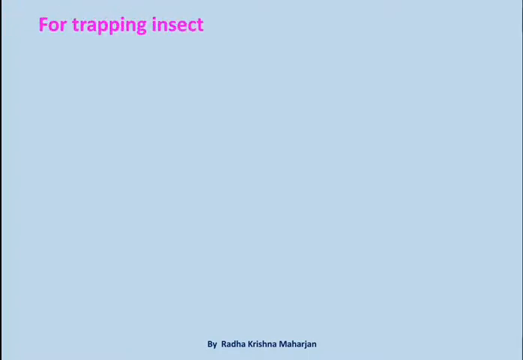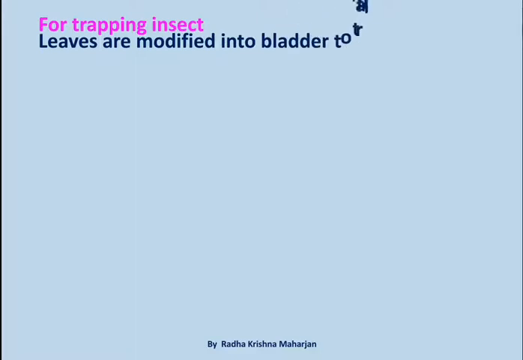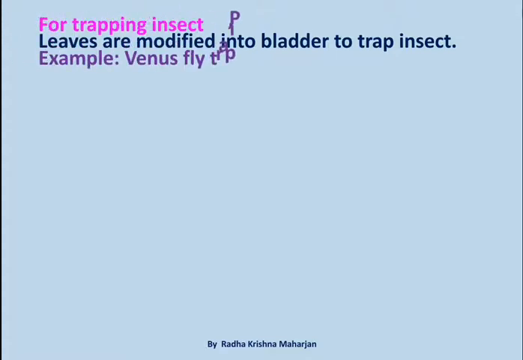For trapping insects: leaves are modified into bladder to trap insects. Example: Venus flytrap, pitcher plant.